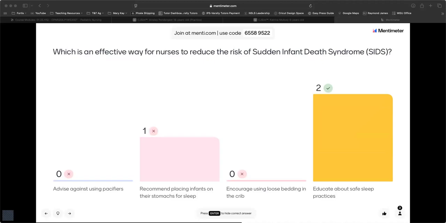So the best way to prevent SIDS is teaching them about safe sleep. So those are the ABCs of safe sleep: alone, on their back, in a crib.